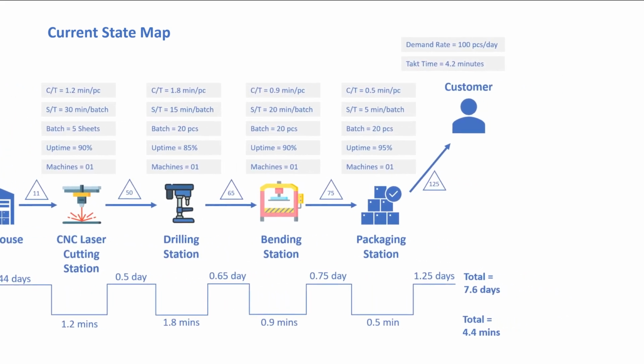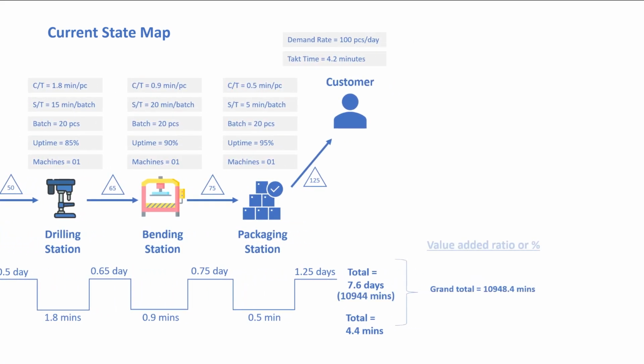At this point, we calculate an important metric called the value added ratio. It is expressed as what percent of the total time was actually spent in value adding. In our case, it is the total processing time excluding packaging, because packaging is generally not considered a value adding activity.